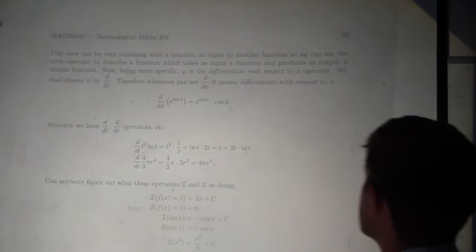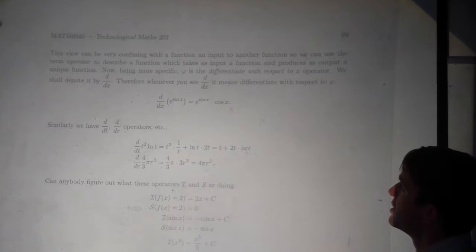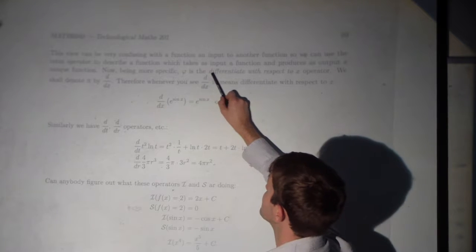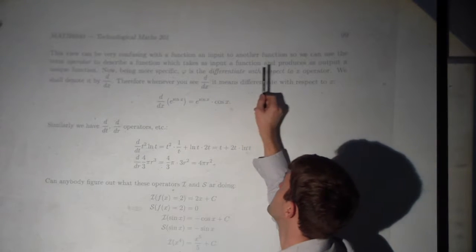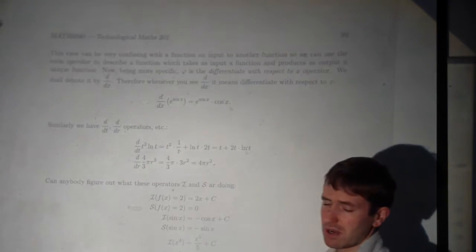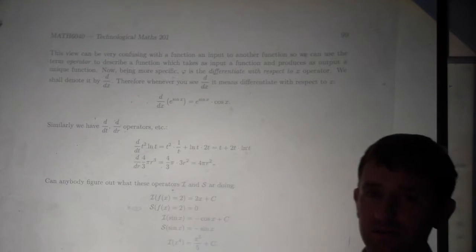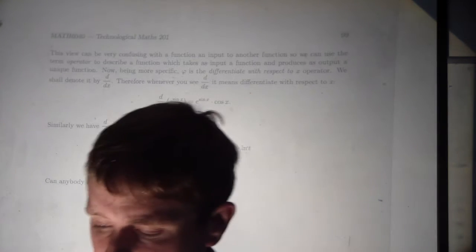As I said, this view can be very confusing, with a function as input to another function, so you can use the term operator or transform to describe a function that takes as input a function and produces as output another function. Being more specific, this is not just differentiate, it's differentiate with respect to x, because as we will see later on, you can have lots of variables flying around: x, t, y, theta.